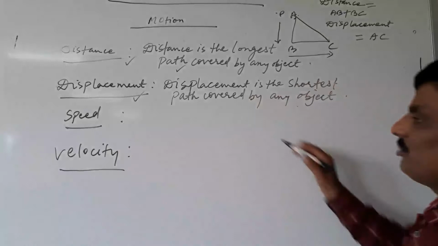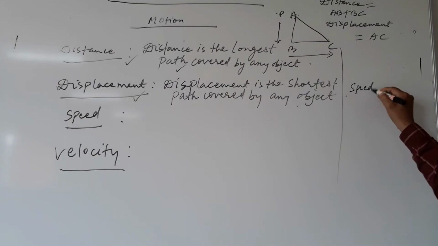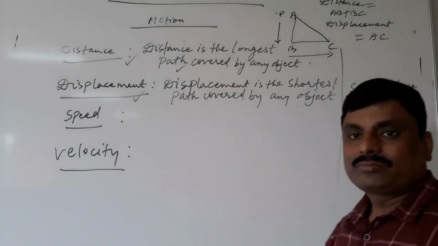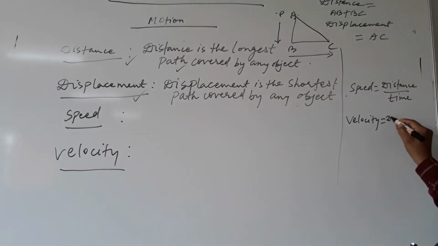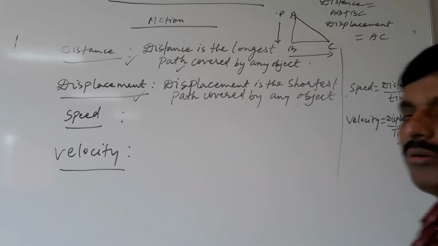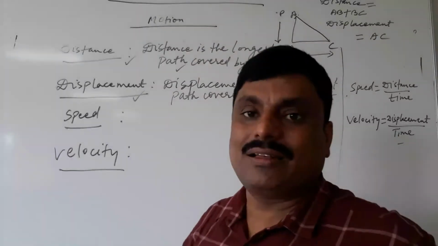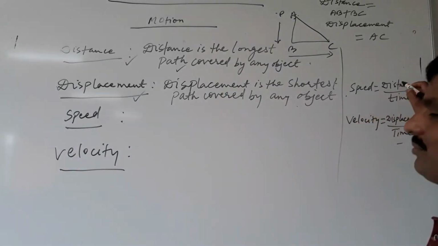For this also, see the formula. Speed is equal to distance by time. Velocity is equal to displacement by time. These two formulas are very, very important. If anyone asks you the relation between distance, speed and time, then you must write this formula: speed is equal to distance by time.